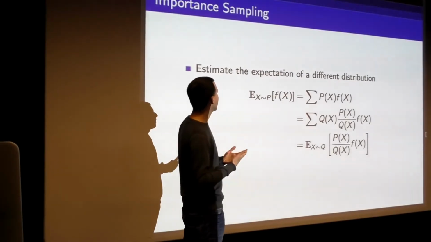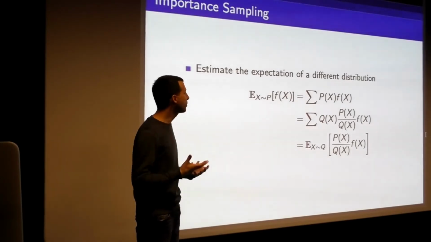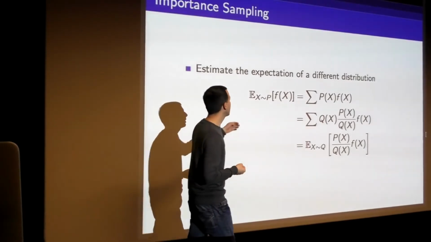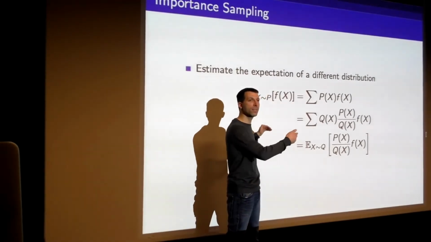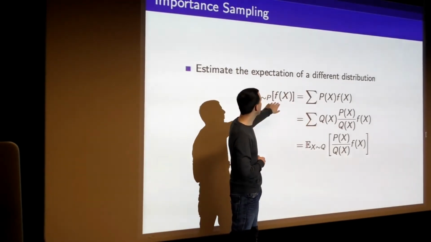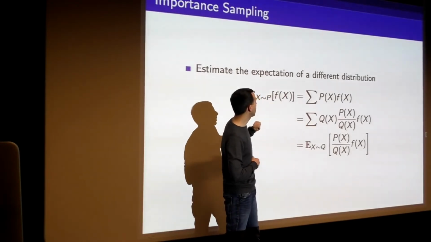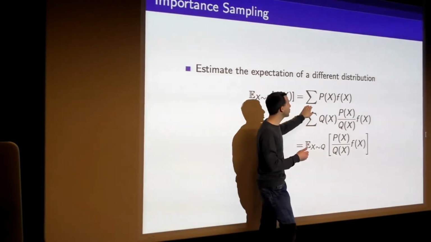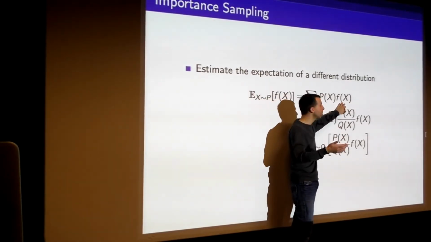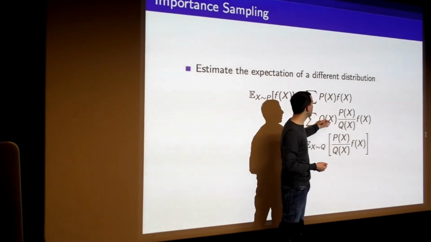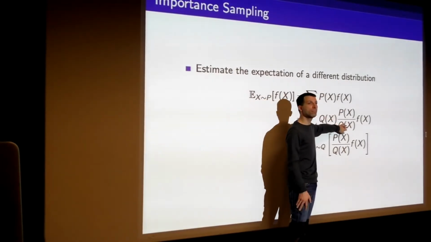So the first mechanism is to basically do importance sampling, and the main idea there is to take this expectation. There's some expectation, like your expected future reward, and all we do with importance sampling is to say an expectation over your future reward is just a sum over some probabilities times how much reward you got. And now what we can do is just multiply and divide by some other distribution.